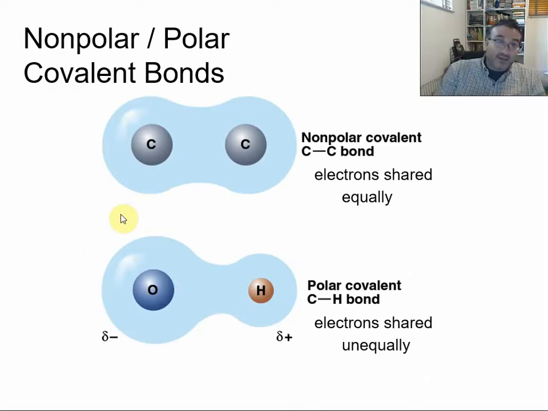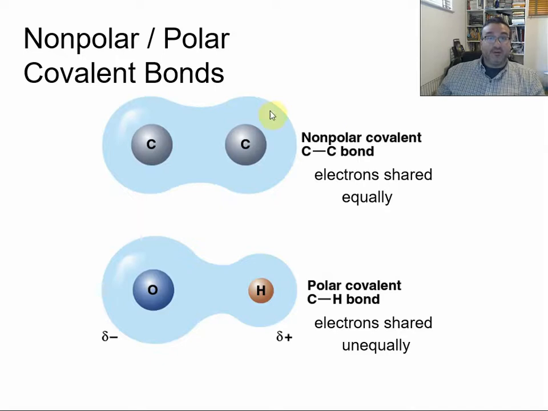We can look at another detail about covalent bonds. They can be classified as polar or nonpolar. Remember, in covalent bonds, the electrons are being shared, but the different kinds of elements have a stronger property of attracting the electrons.